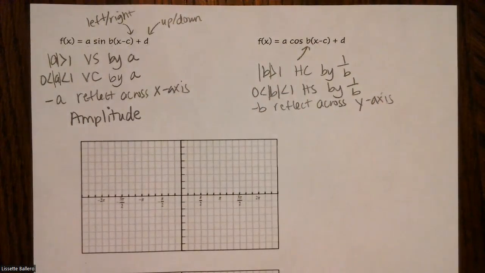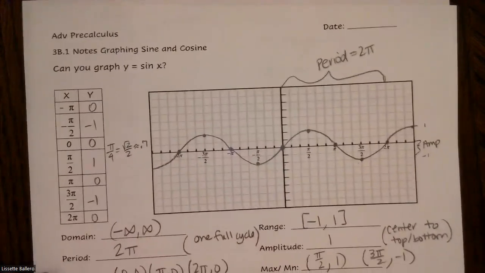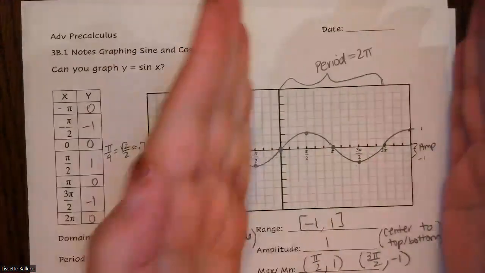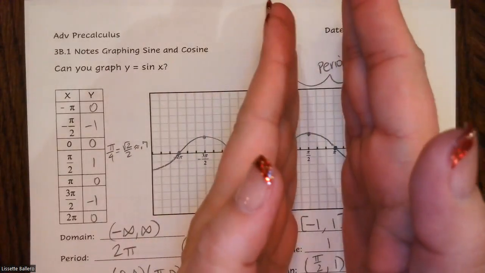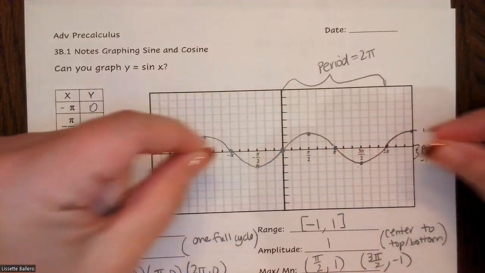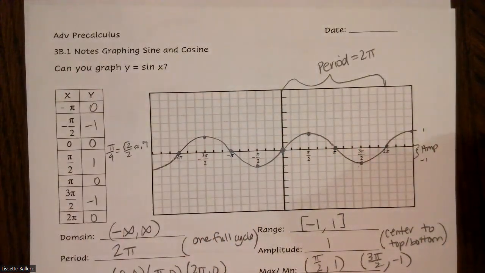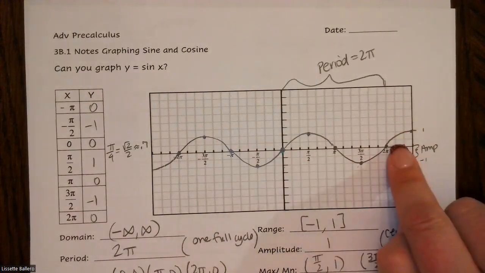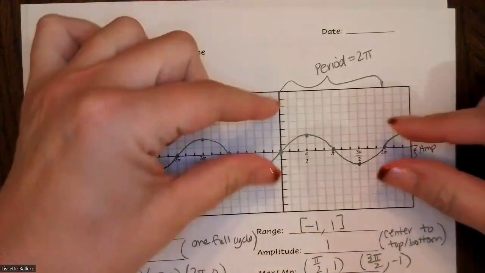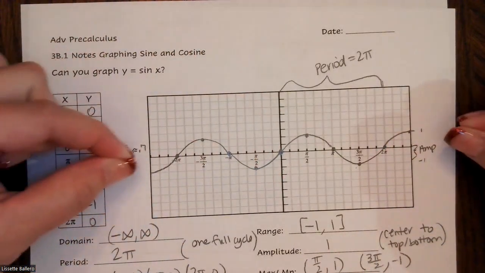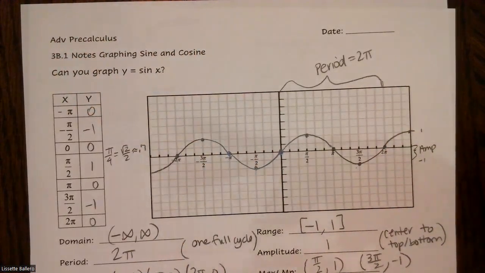So let's go back to that graph and look at it really quickly. If I took this and I squeezed it in for a horizontal compression, or if I stretched it out for a horizontal stretch this way, that is going to change the period. Instead of it starting here and ending here for 1 full cycle, if I'm taking it here and pulling it this way, then 1 full cycle is going to occur in more than 2 pi.